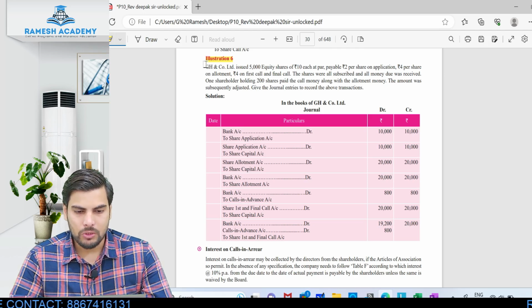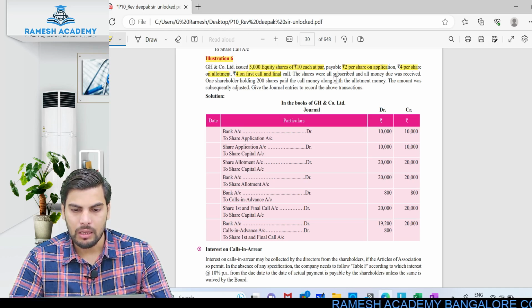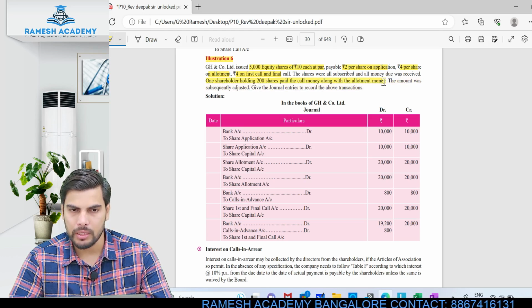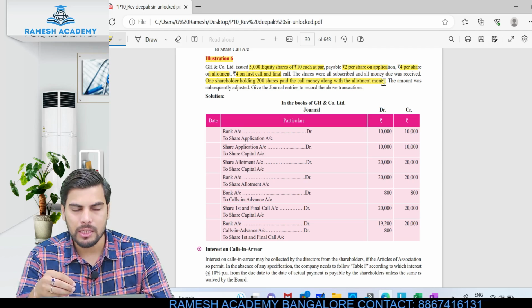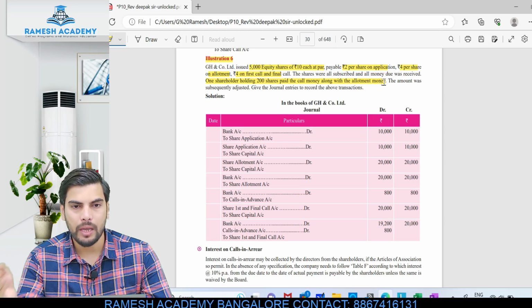GH and Co Limited issued 5,000 equity shares of rupees 10 each at par, payable 2 rupees on application, 4 rupees on allotment, and 4 rupees on first and final call. The shares were all subscribed and all the money due was received. One shareholder holding 200 shares paid the call money along with the allotment money. So at the allotment stage itself, he is not only paying the allotment money but also the call money.